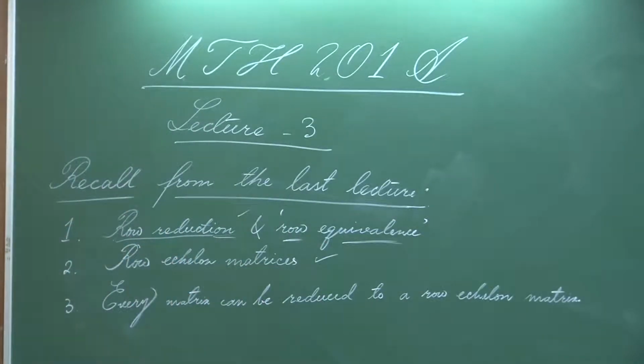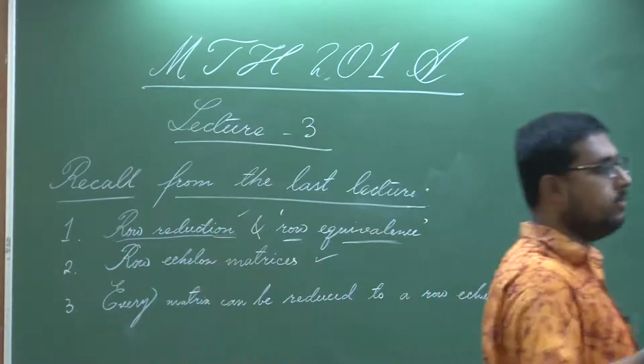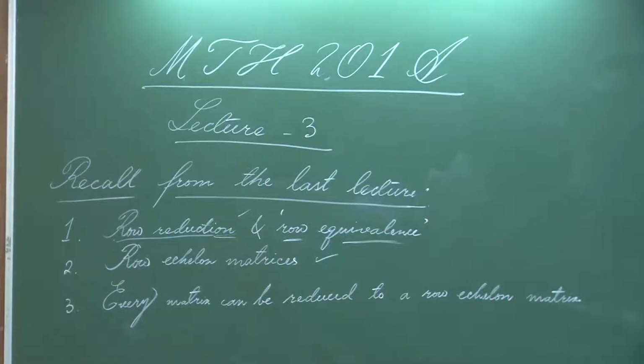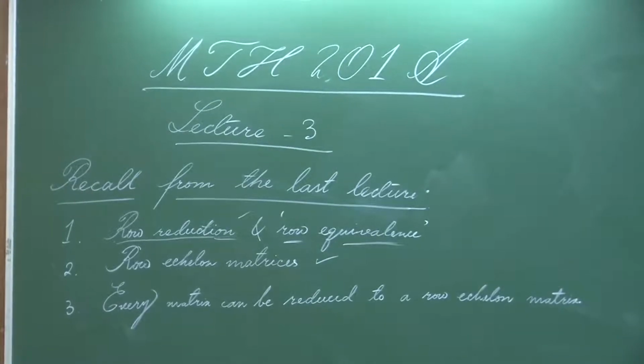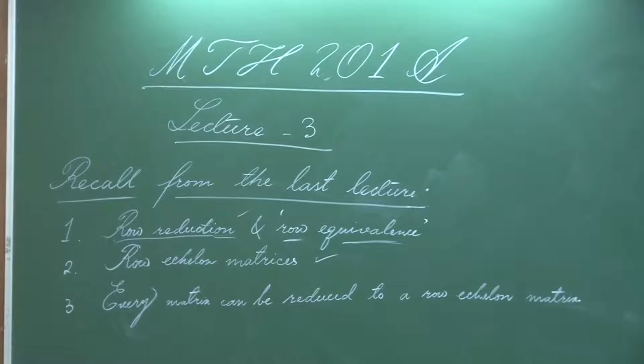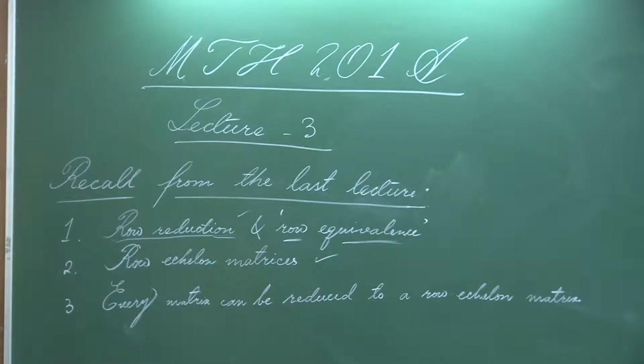But the following question comes very naturally here. As we have said that we need to fix a terminal point, if a given matrix is equivalent to 2 different row echelon matrices, then our original aim to fix a terminal point is under challenge.